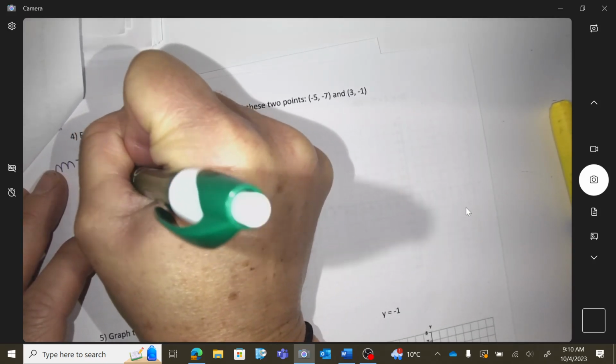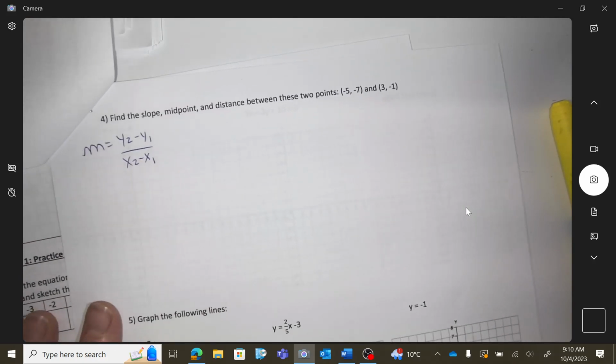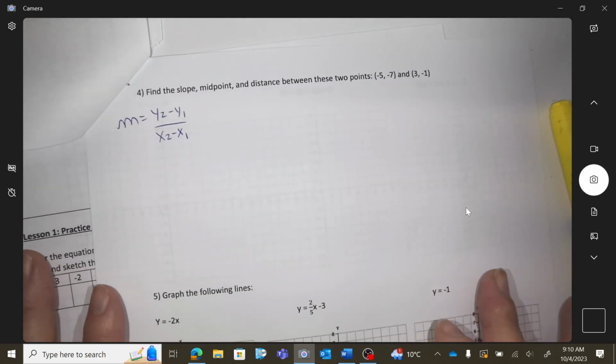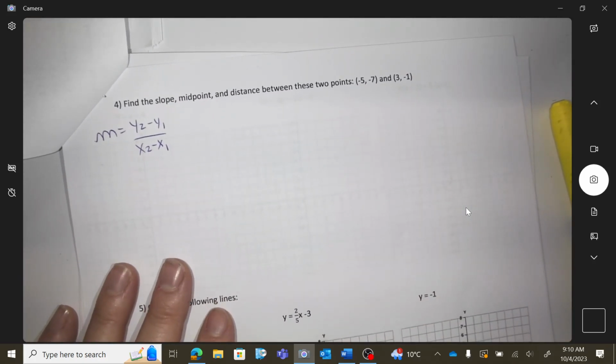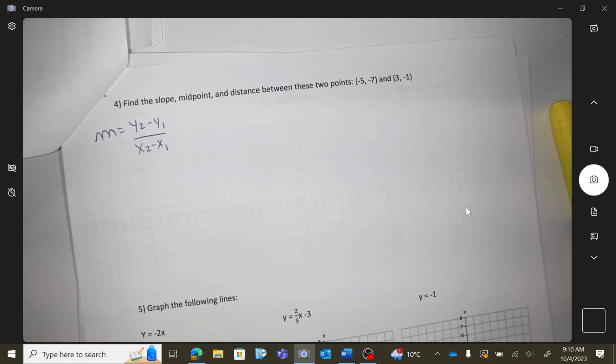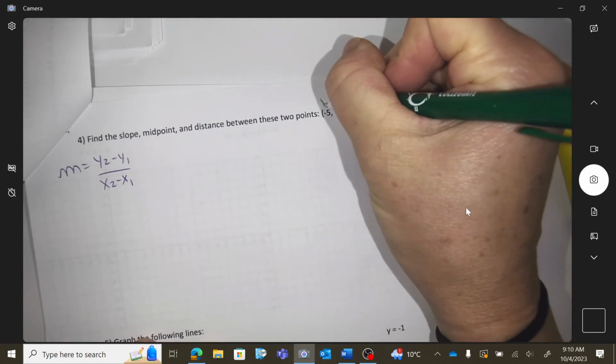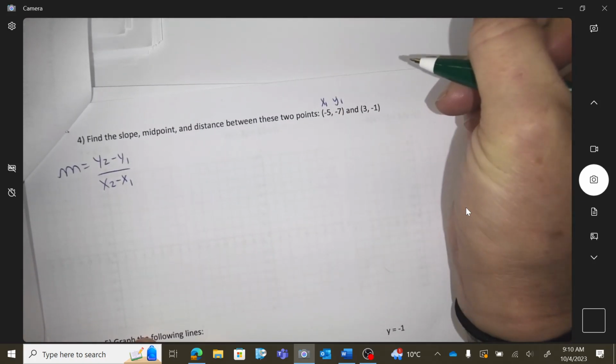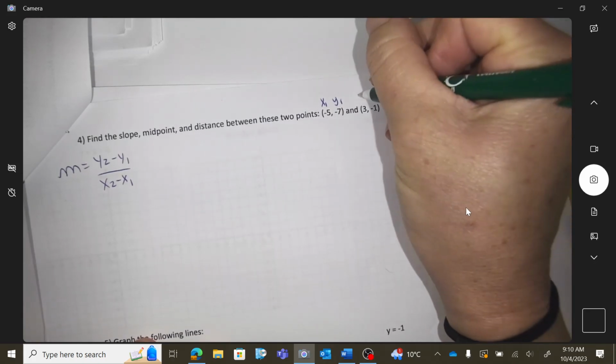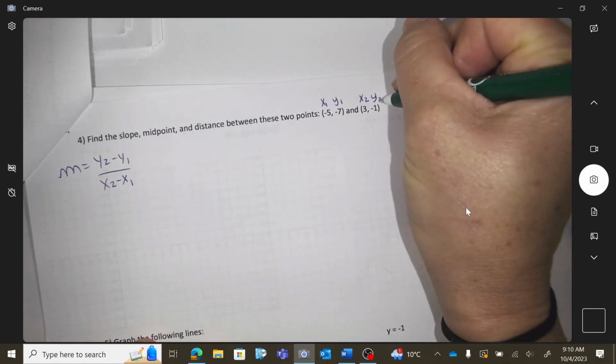You don't need to write this down if you have your formulas in front of you, but I don't, so I'm going to write them on my sheet. So there's the slope formula, and you know what I'm going to do before I start? I'm going to label my coordinates. So I'm going to go, this is x1, y1, and I'm going to make this x2, y2.